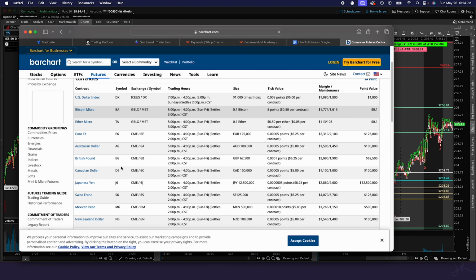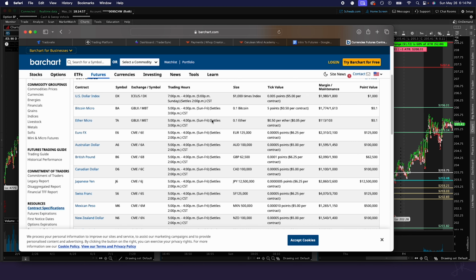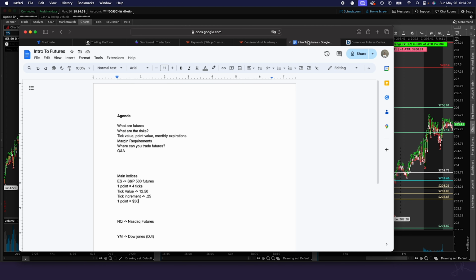There's British pound, Japanese yen, so on and so forth. People like to trade Euro USD, just trade Euro FX, or E6 is the ticker symbol. But again, I'm biased because I just find futures way more efficient than Forex. Of course, there may be some perks like lower margin requirements and things like that, but yeah.